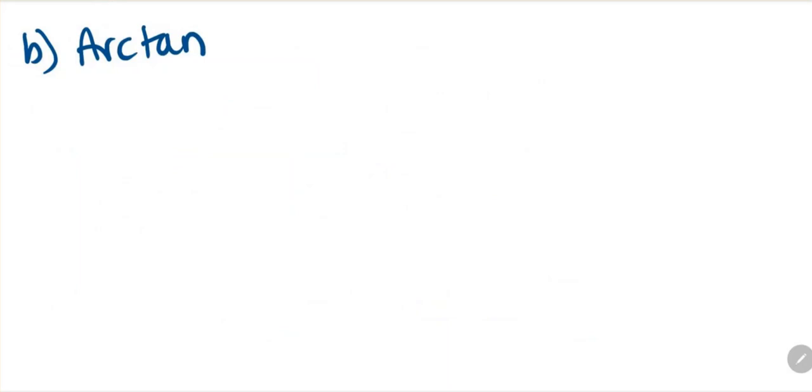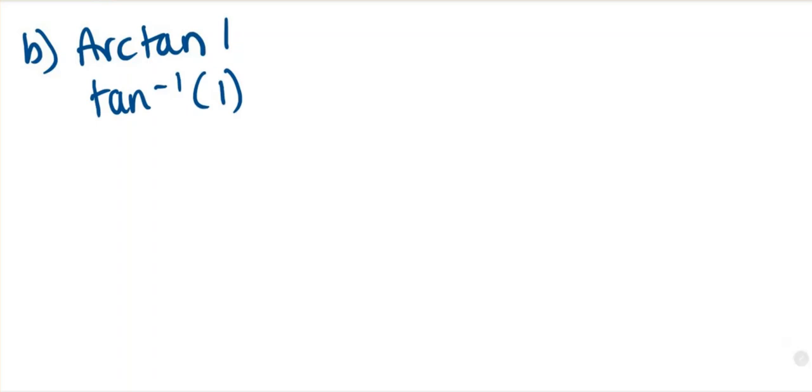Okay, so our second example, this is arctan 1. Now arctangent is the inverse of tan, so we're looking to find tan to the minus 1 of 1.